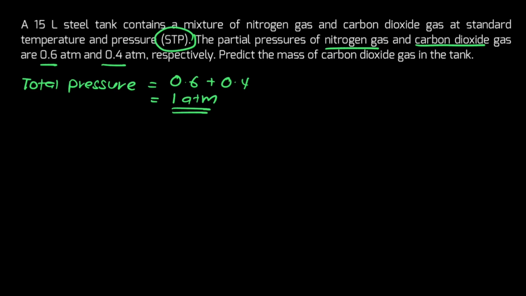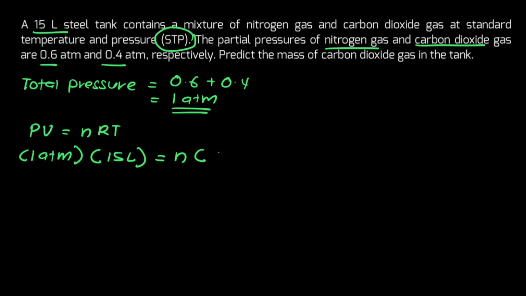The next thing we need to do is find the total number of moles. So we are going to use the ideal gas law, PV equals nRT. Your P is 1 atm, your V is 15 liters, n is the one that we want to calculate, R is the gas constant 0.0821 liter atmosphere per mole Kelvin, and your temperature is at STP, so it's going to be 273.